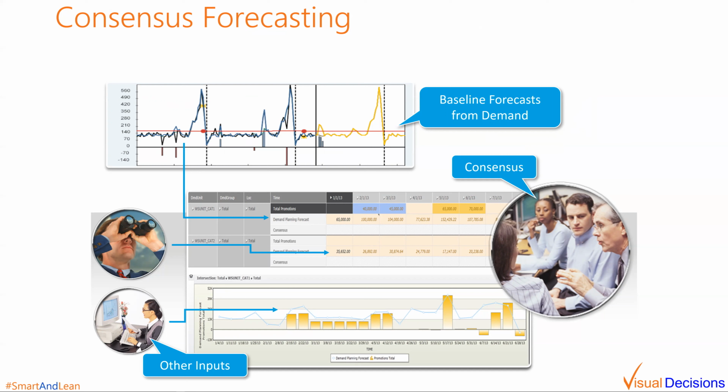And so, being able to do this consensus forecasting process where you get inputs from the customers directly, from marketing, from sales, and marrying that and blending that with the statistical forecast and how much you weight each of those different inputs based on the quality of that input is a very important capability that you need to have embedded into your forecasting process to really drive a lot of these changes and be able to reduce the amount of inventory that you're carrying in the system.